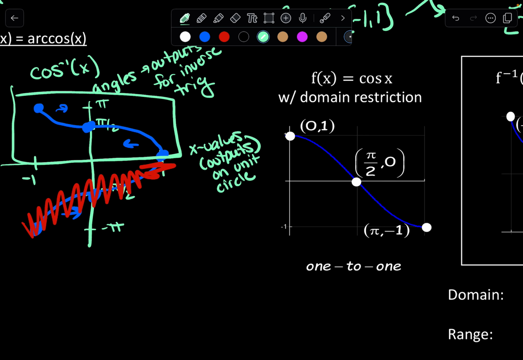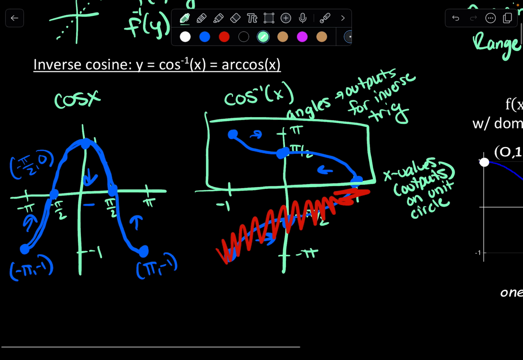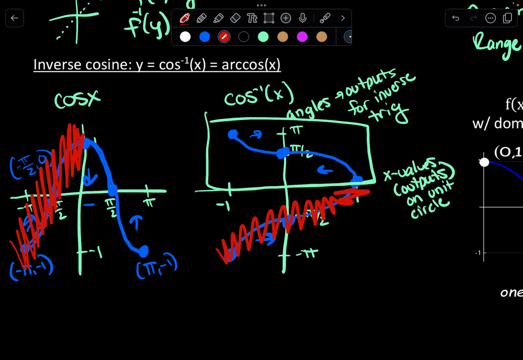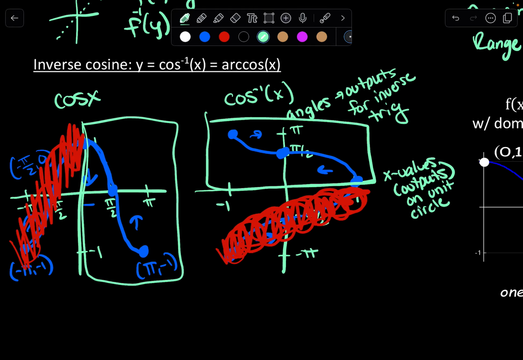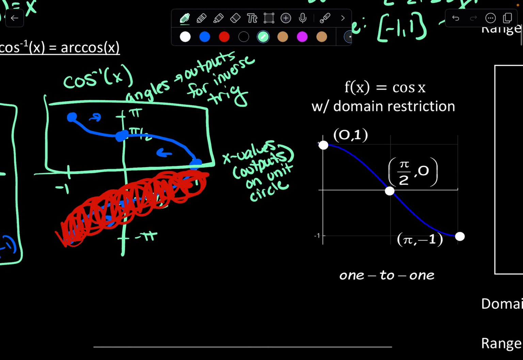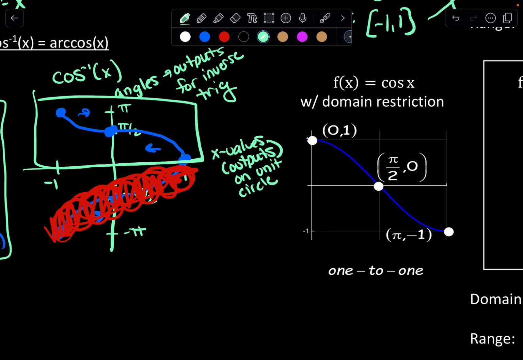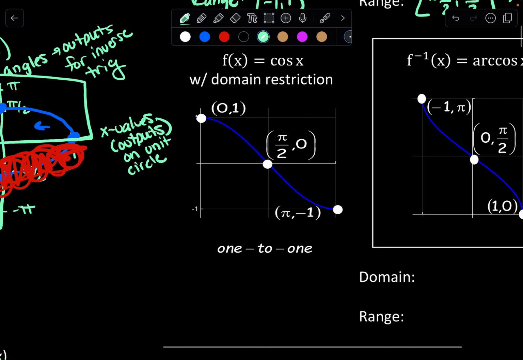Now, there's a sketch of cosine x, so if we go back to our sketch, we end up excluding the negative angles, which means we exclude the negative angles as outputs over here. So this is all we're using for arc cosine. And again, that makes this 1-to-1. Therefore, for every input, there is exactly one output value within this restricted domain.